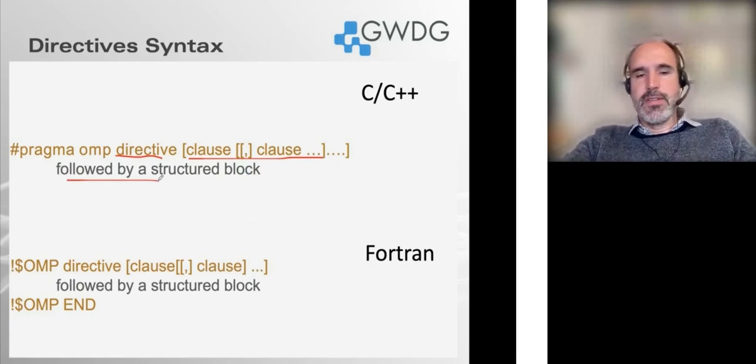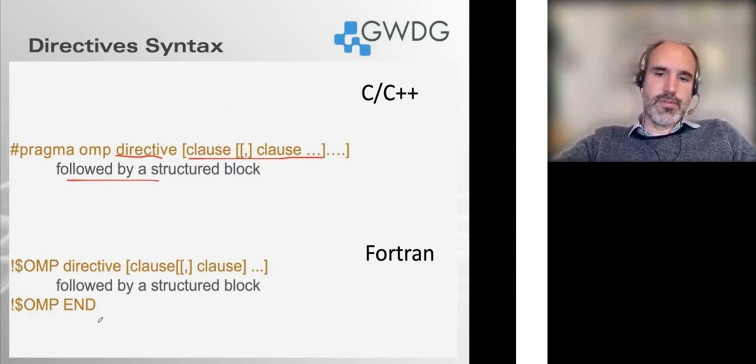That means in C, the structured block would start by curly brackets or a single line. For Fortran, for those who are doing Fortran development or Fortran 90, you see on the bottom part, it looks pretty similar. You have OMP, directive, the clauses, a block, and in difference to C, because in C you have this closing bracket, in Fortran you don't have this.